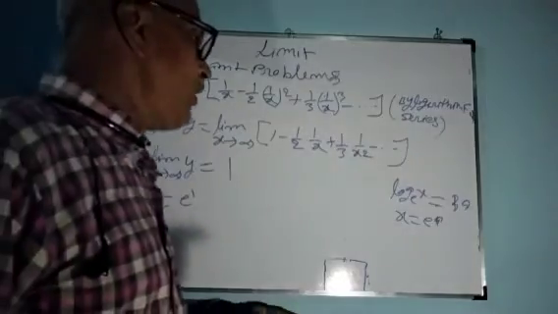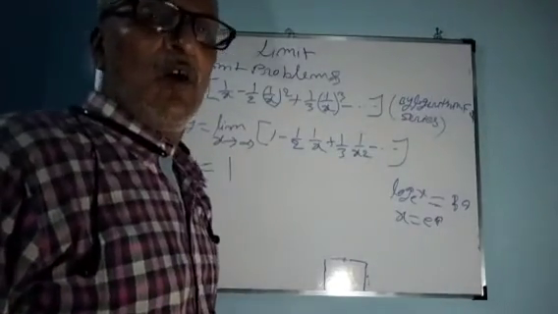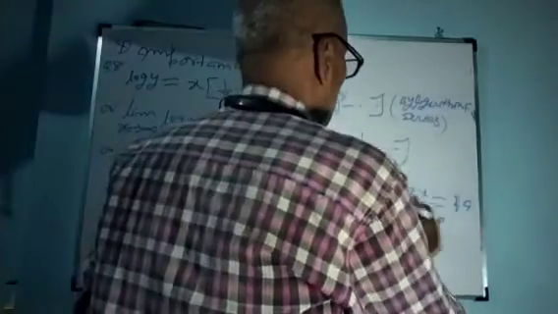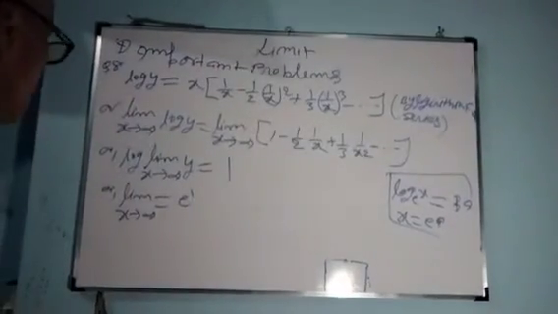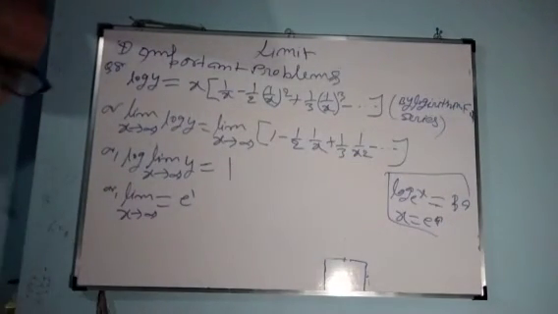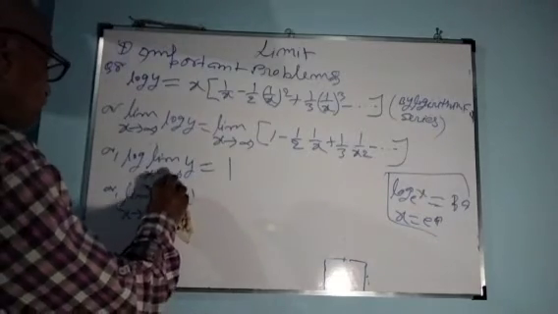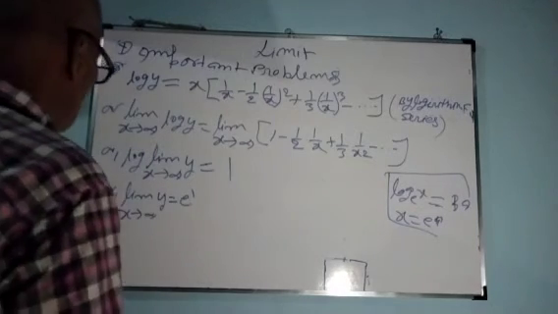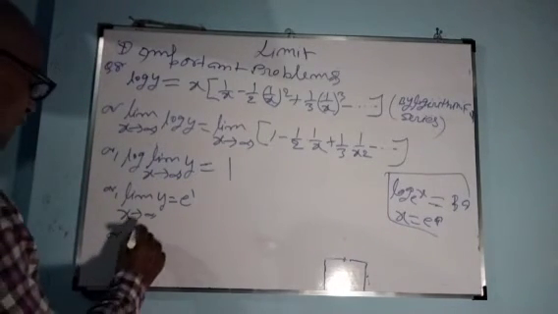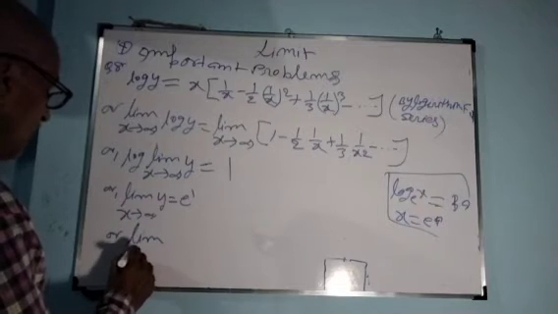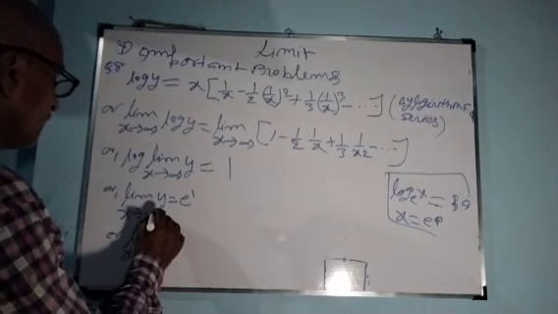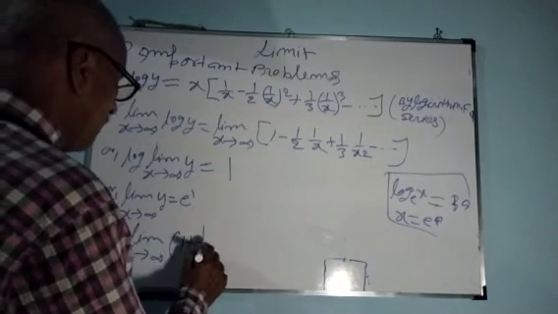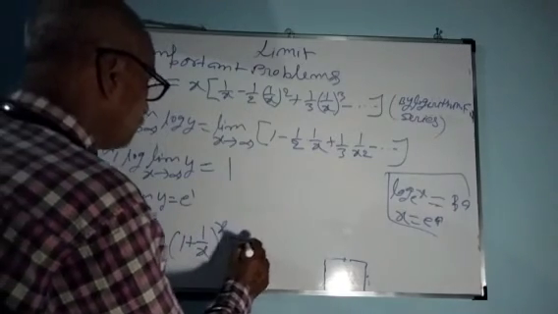So limit x tends to infinity, 1 plus 1 by x to the power x is equal to e.